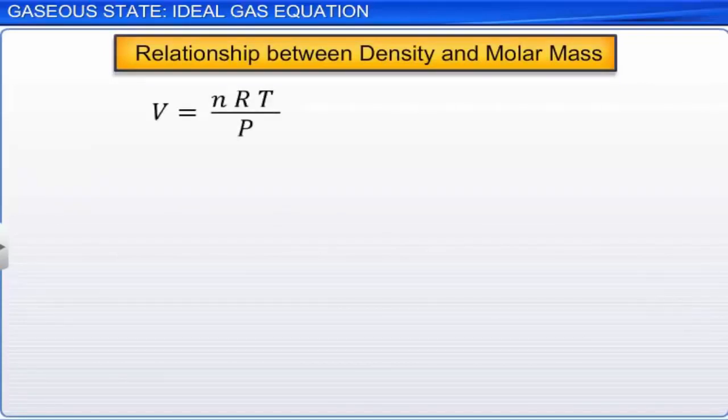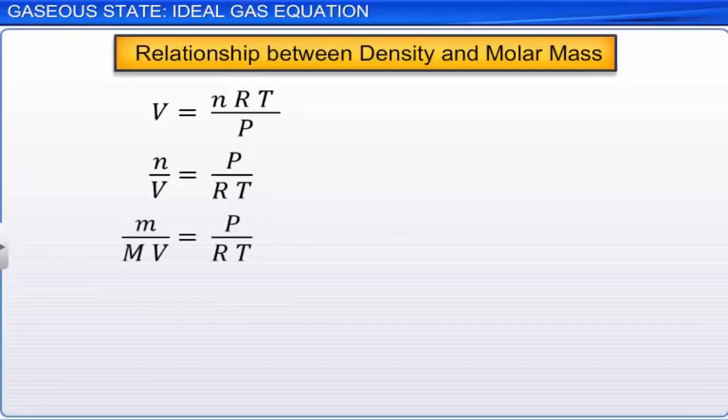On replacing the number of moles N with the mass of the gas m by M, we get the equation m divided by M into V is equal to P divided by R into T, where M is the molecular mass of the gas. We know that m by V is equal to d, where d is the density of the gas.